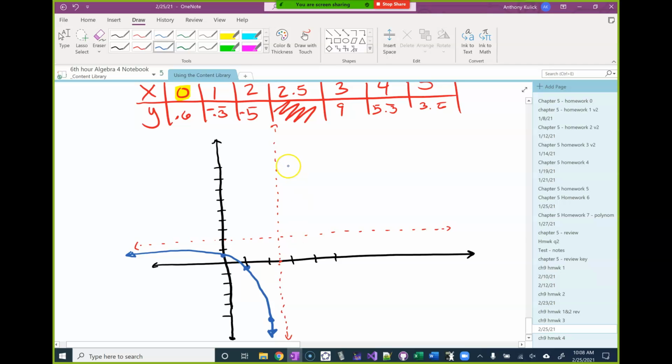Then I have 3 and 9, 4 and 5.3. And then 5 and 3.6. So I'll draw the other arm. And there's that.